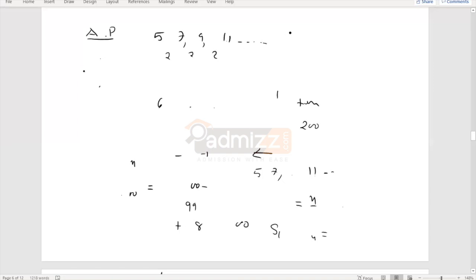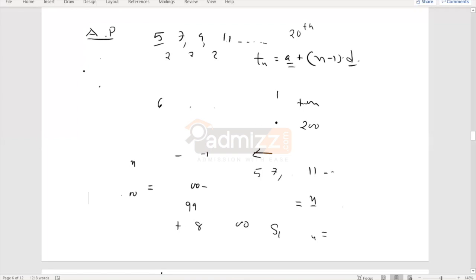Now, if you want to find the 20th term of this sequence, you can use this formula: Tn equals A plus n minus 1 into D. D stands for the difference, A stands for the first term. So you should have the first term and the difference between two terms.